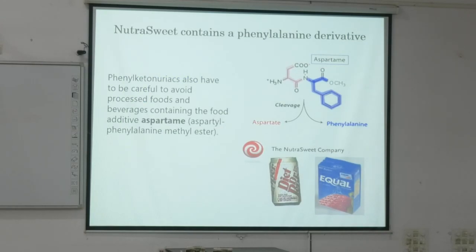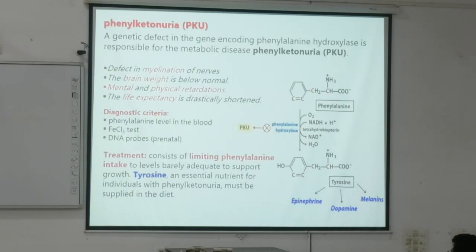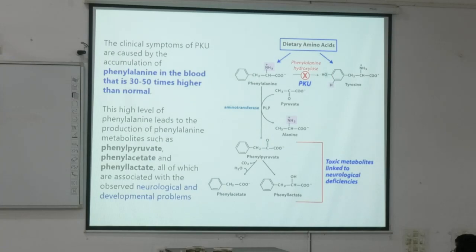What are the clinical symptoms of phenylketonuria? See, dietary amino acids, this is your phenylalanine. There is no phenylalanine hydroxylase, so there is no tyrosine. So this phenylalanine will undergo transamination.